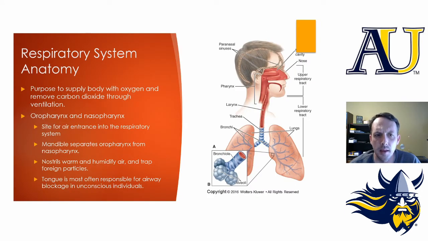So when we look again at the anatomy here, at the oral pharynx and the nasal pharynx, what we're really looking at in this area, in the pharynx, is that we have to pay close attention to the fact that we have the nasal and oral pharynx.